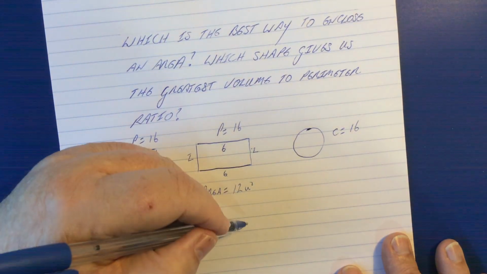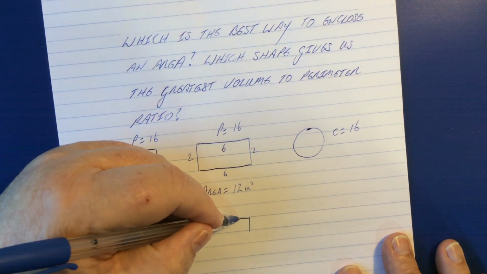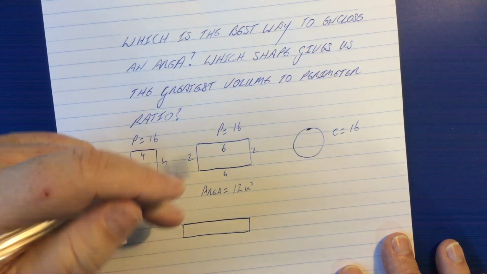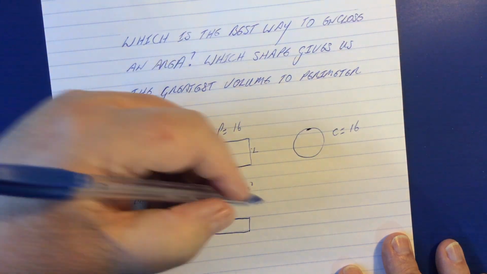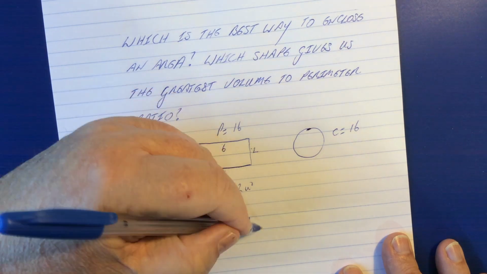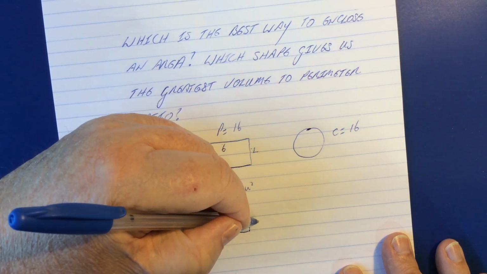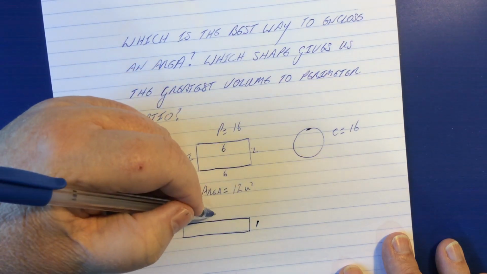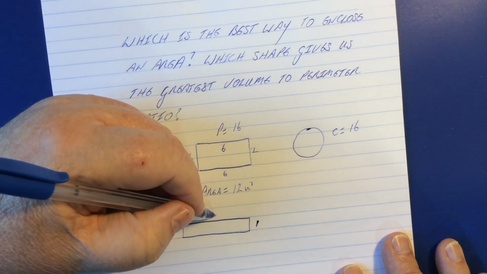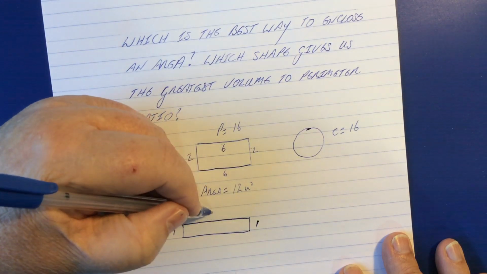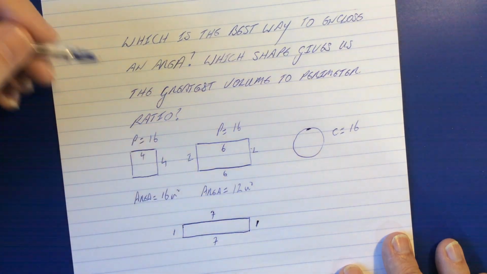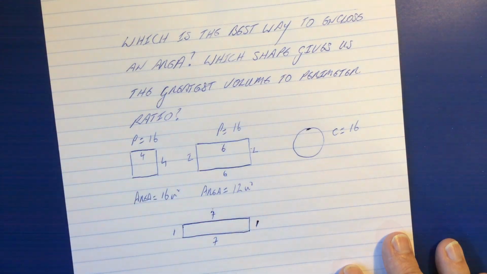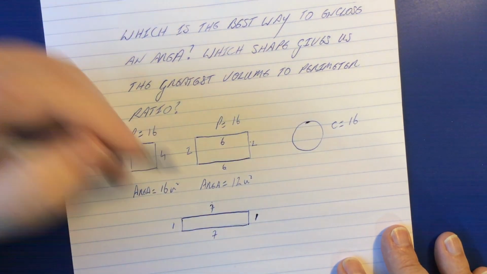Okay, now this gets worse as you make the difference between the length and the width greater. So if we say that this is 1, we need 1 here, we need 7 here, and we need 7 here. 7 and 7 is 14, 1 and 1 is 2, 14 and 2 is 16.